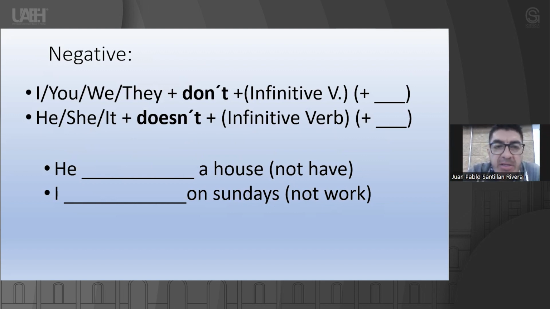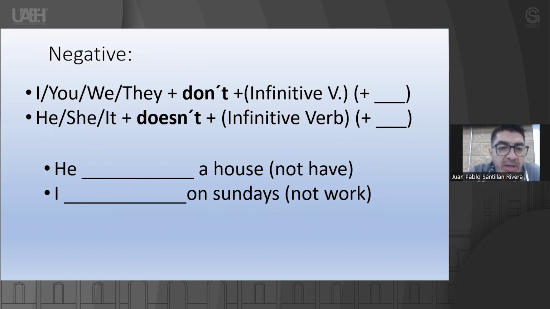But if the subject is he, she, or it, okay, we use doesn't, plus infinitive verb plus something. In this case, we use don't and doesn't in contracted form because it is much more used in spoken language. Okay, so what do we have here?